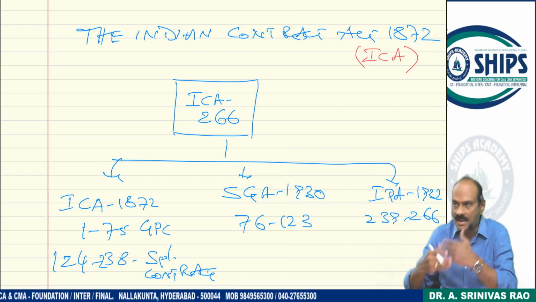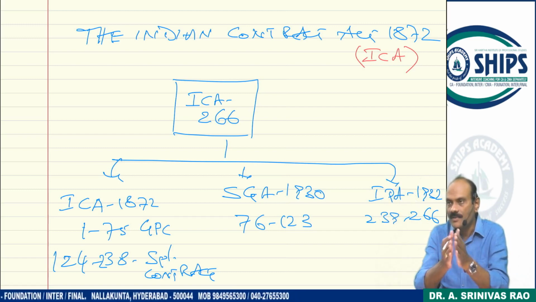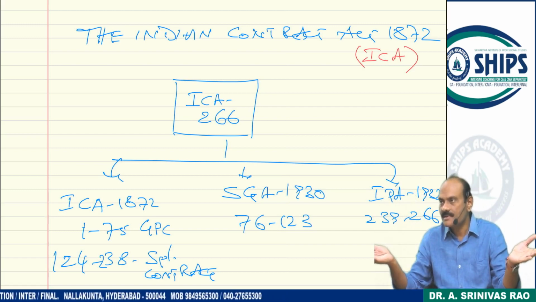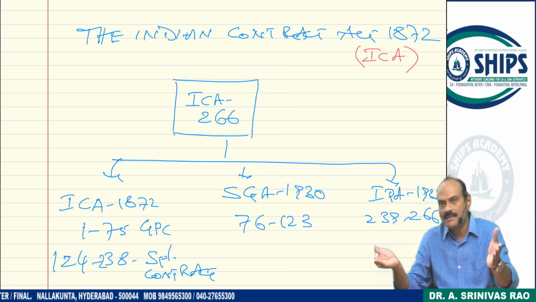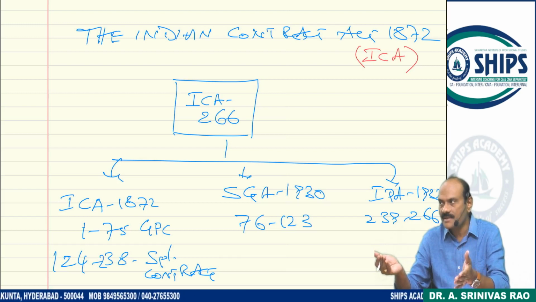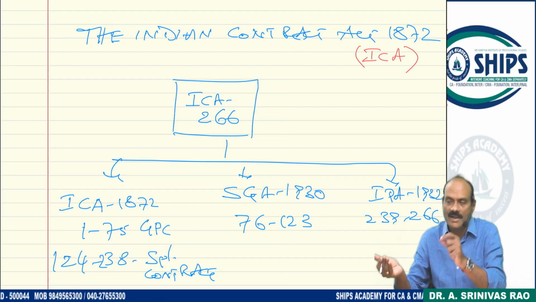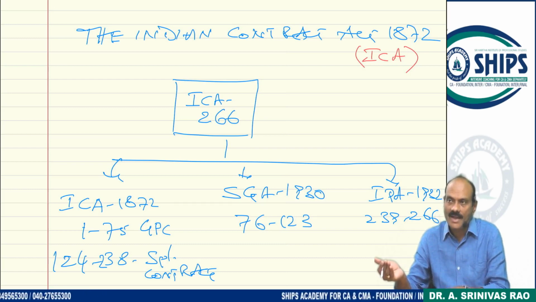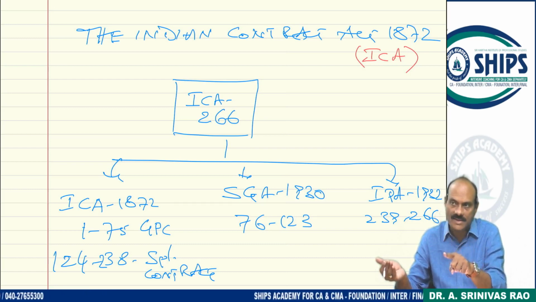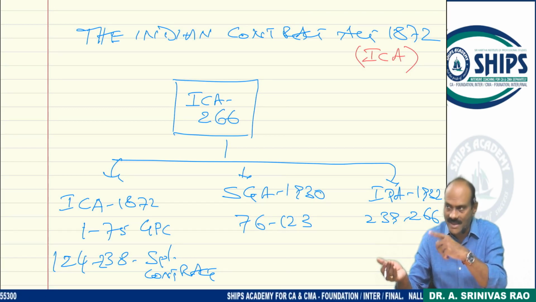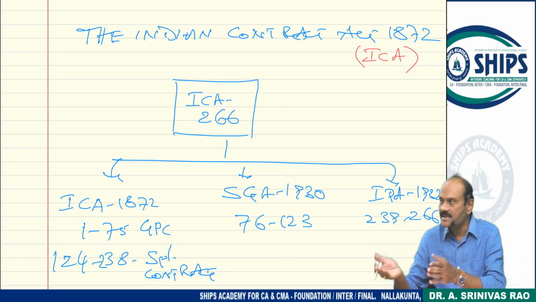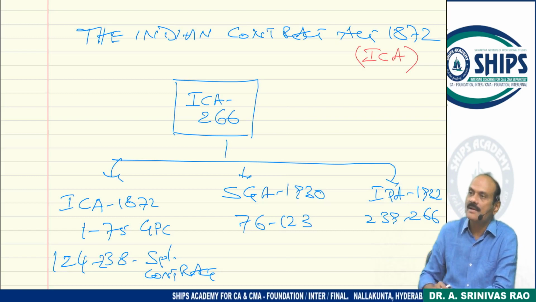Which means what? The same Contract Act is divided into three chapters. One remains as the Indian Contract Act, second one as the Sale of Goods Act, third one as the Indian Partnership Act. Indian Contract Act consists of 1 to 75. Again 76 to 123 repealed. Repealed means cancelled and enforced as the Sale of Goods Act 1930.